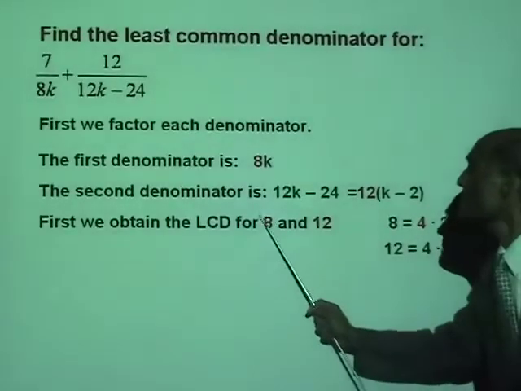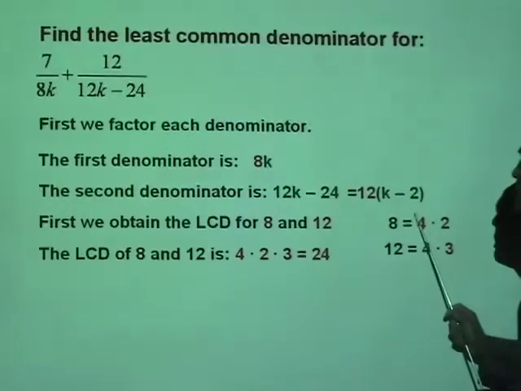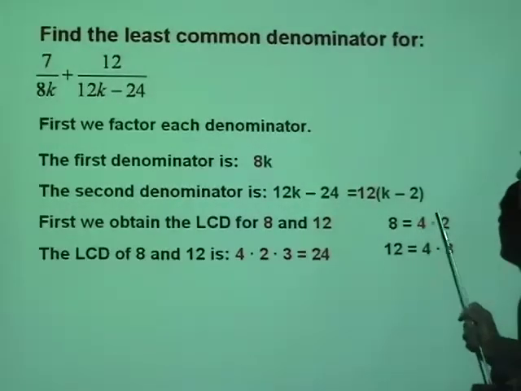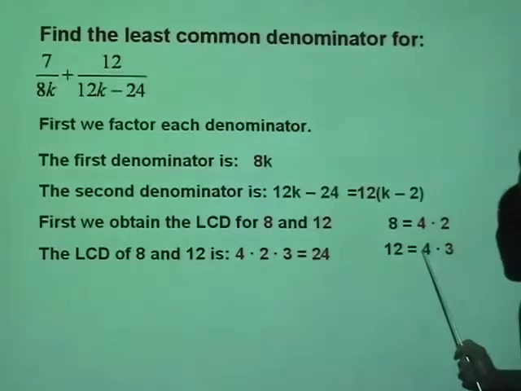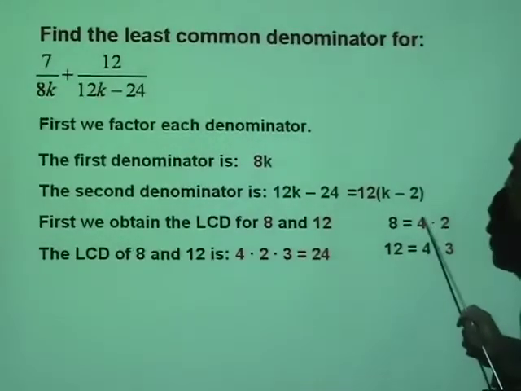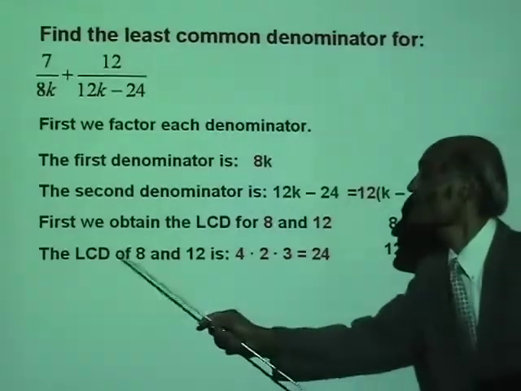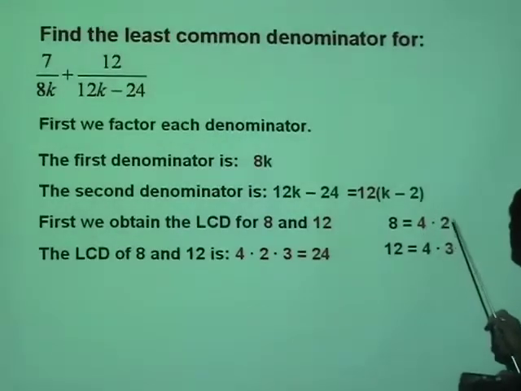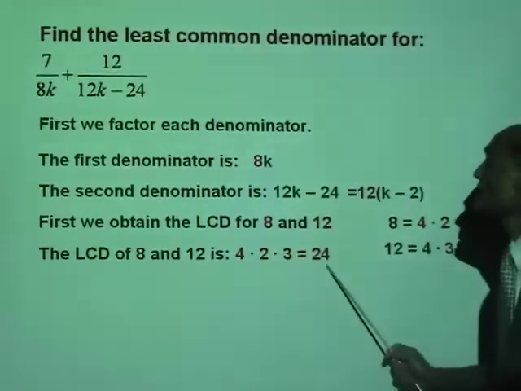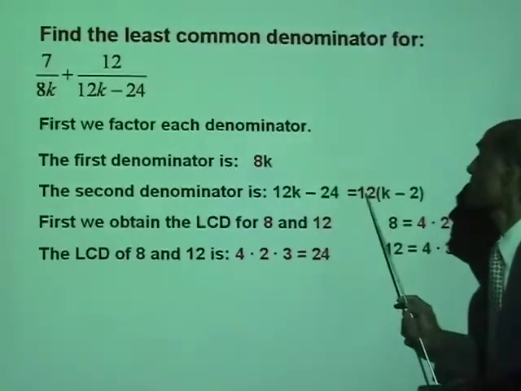So, to obtain the LCD of 8 and 12, we start picking 4 times 2 and then we pick 3 from the second number. We don't need this 4 because 4 is already been chosen. So the LCD of 8 and 12 now is 4 times 2 times 3, that is 24. So we finished doing the numbers.